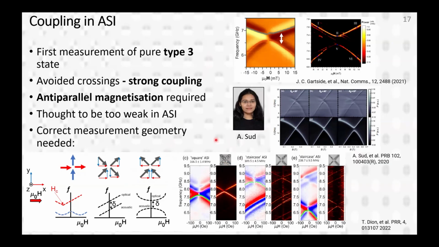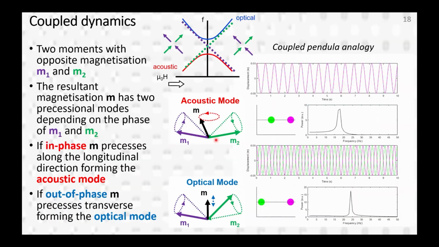So what are these modes exactly? If we have two moments with opposite magnetization, M1 and M2, the resulting magnetization has two precessional modes depending on the phase of M1 and M2. If they precess in phase, they form this acoustic mode. You can think of this like two coupled pendula.